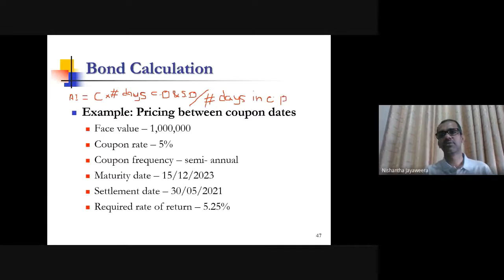Then how do you calculate the number of days between coupon date and settlement date? How do you calculate this part?